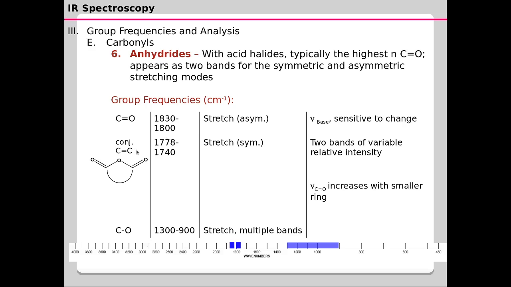And once we have conjugation of the carbonyl functional group with the C double bonds or aromatic ring system, the frequency of the carbonyl functional group reduces to a value between 1740 and 1778 centimeter inverse. Okay, and for the CO band here, we see the stretching vibration between 900 and 1300 centimeter inverse. We see multiple bands here.